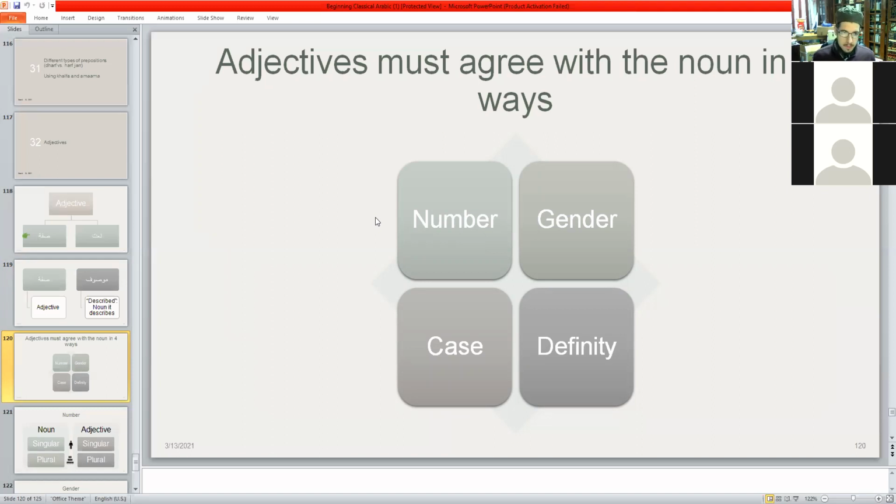In Arabic, no. The sifa and mawsuf have to agree in 4 key ways. They have to agree in number. They have to agree in gender. They have to agree in grammatical case. And they have to agree in definiteness. That means whether it is a definite noun or an indefinite noun. Well, we'll look at these one at a time.